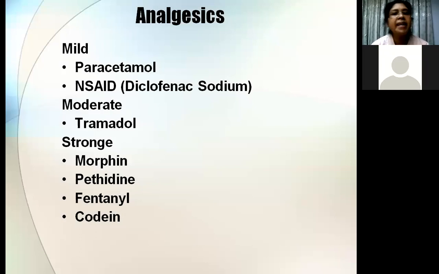So great, right. Now, analgesics, right. Now the analgesics, we can categorize them to mild, moderate, and strong analgesics. Analgesics are very important. Why? Because we can give them pain relief pre-operatively. Say a patient comes with trauma, polytrauma, after a road traffic accident, that patient is in pain.